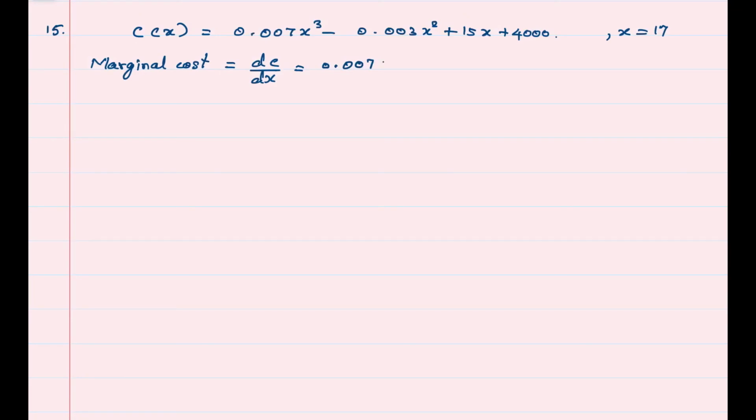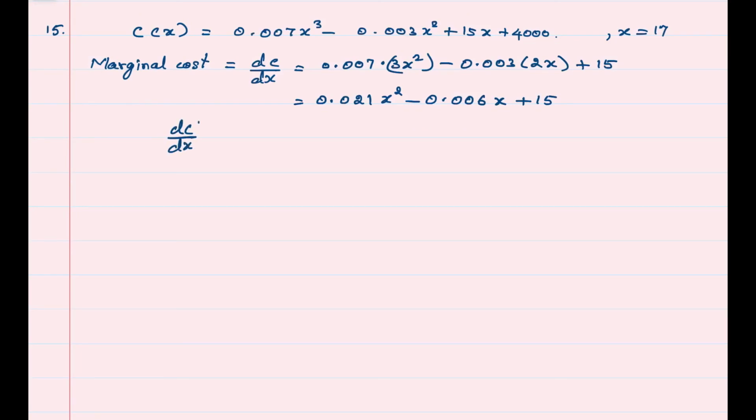0.007 times 3x square minus 0.003 times 2x plus 15 plus 0, which is 0.021 x square minus 0.006 x plus 15, and the value of x is given as 17.